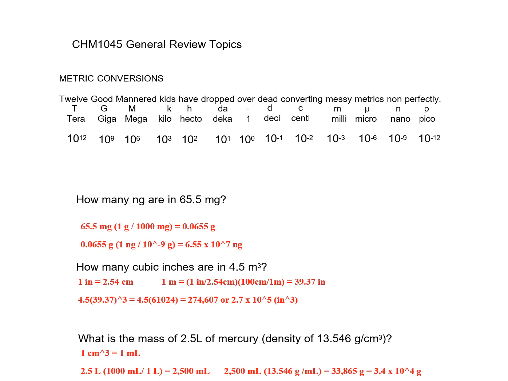Then I have to convert grams to nanograms: 0.0655 gram multiplied by 1 nanogram equals 10 to the minus 9 gram, and I got the final result of 6.55 times 10 to the power 7 nanograms.